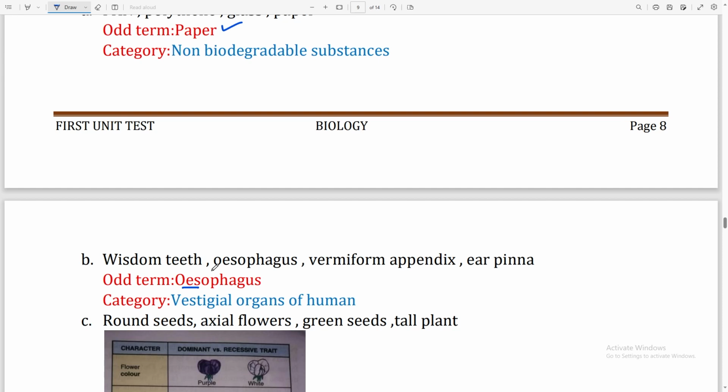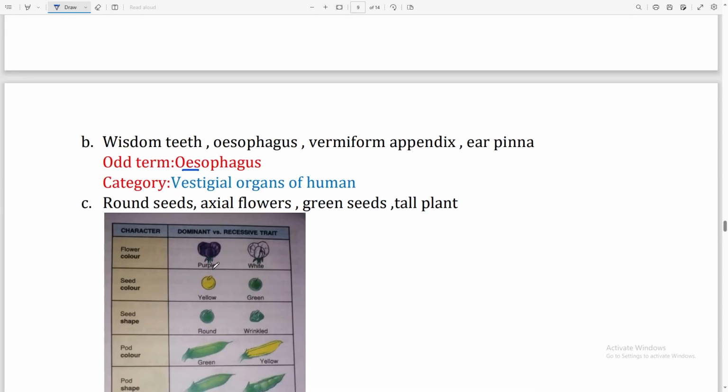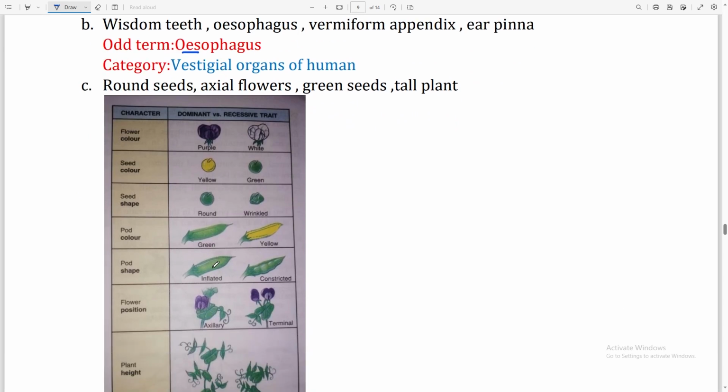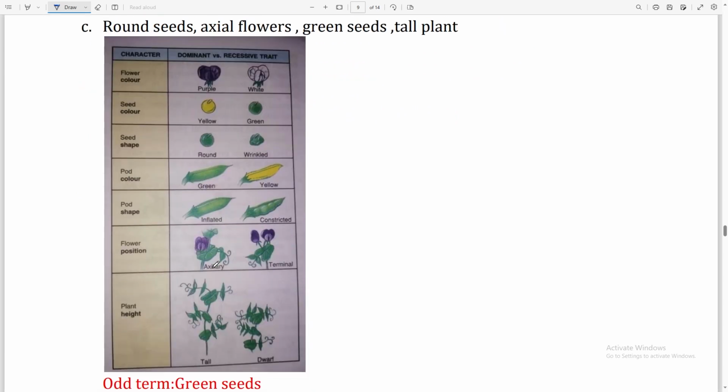Then round seeds, axial flowers, green seeds, tall plant. To get the correct answer, you have to remember this table that is prepared by Mendel. It shows the characters in the garden pea. So here we do find the round seeds, axial flowers, flower position, axial flowers, green seeds, tall plant.